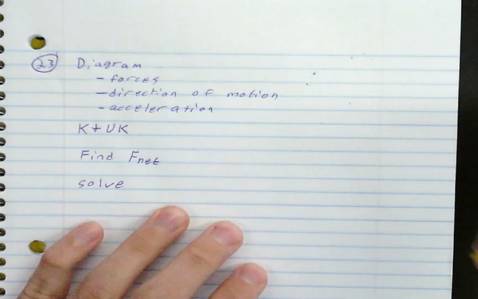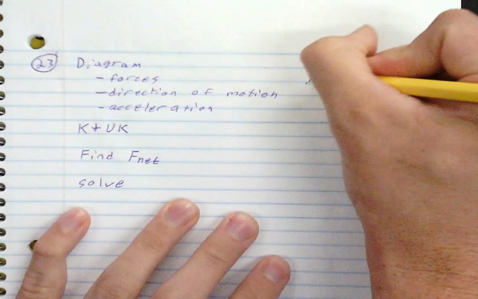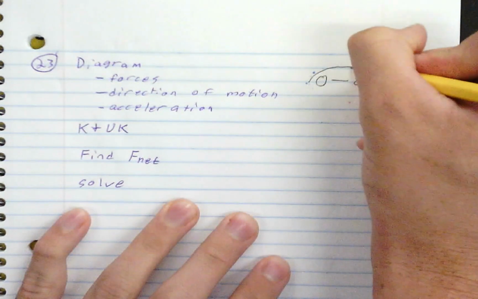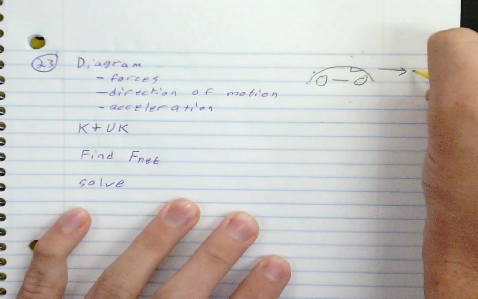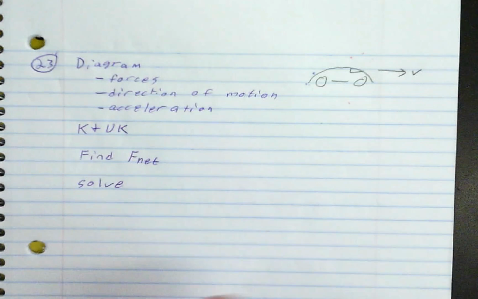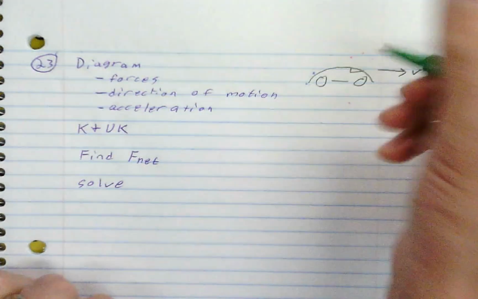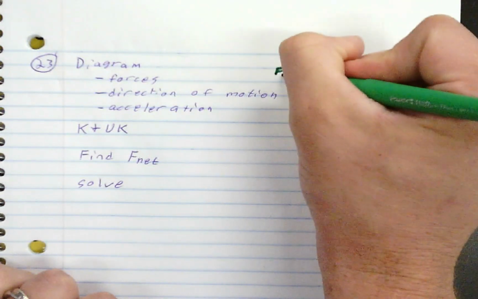So first of all, we're going to draw the diagram. So here's my car. Its motion is to the right. That's the velocity. We know it's got a friction force, which is slowing it down, although barely, but it still is.